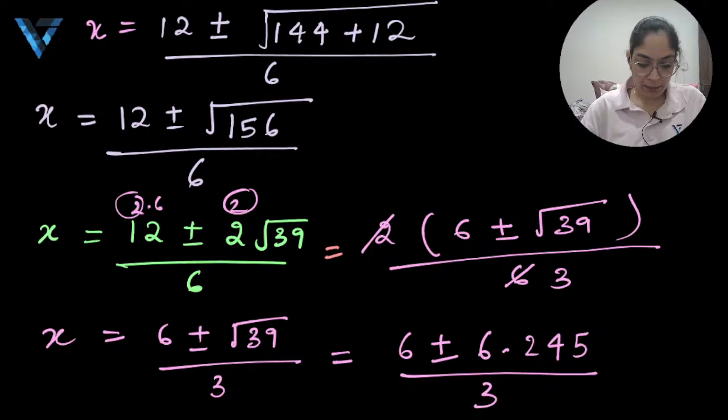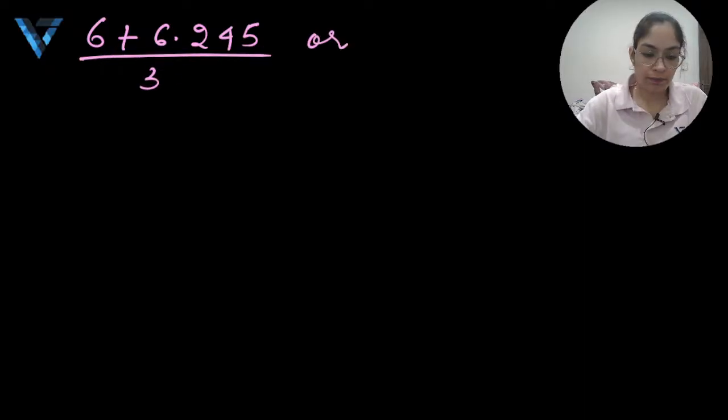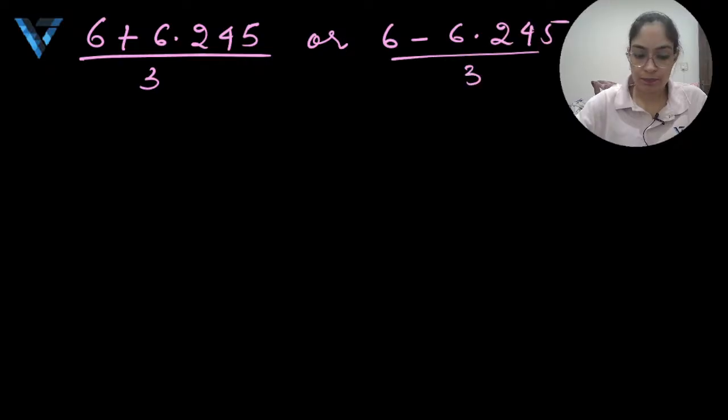Okay, 6.245. So it will be 6 plus 6.245 by 3, or 6 minus 6.245 by 3.